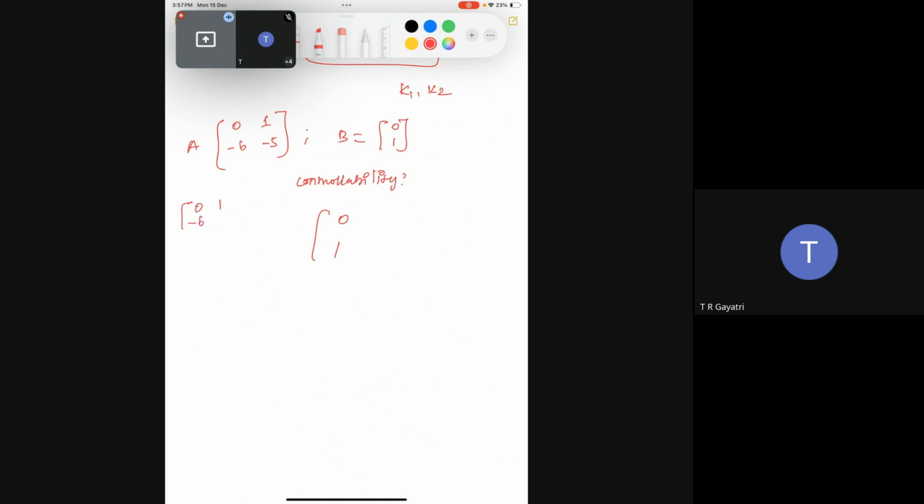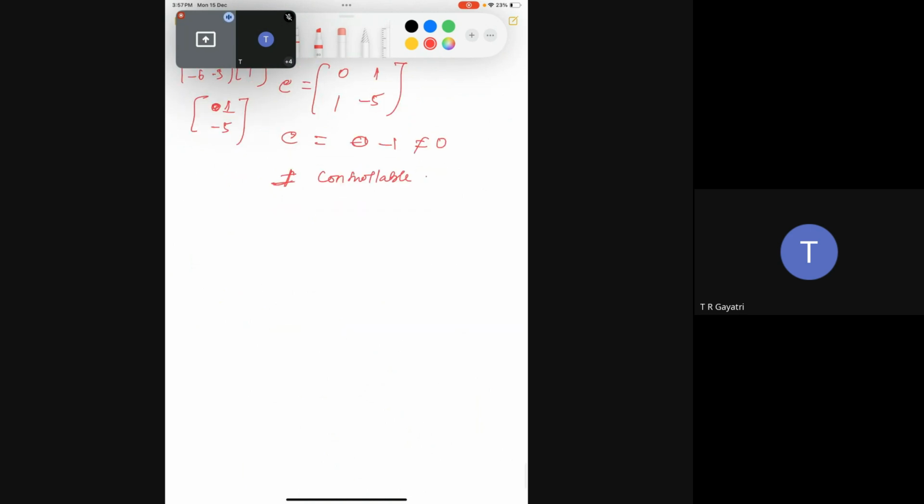Every time I get confused. It becomes 0, 1, 1, minus 5. This is the controllability matrix. The determinant will be minus 0, minus 1, not equal to 0. So the system is controllable.